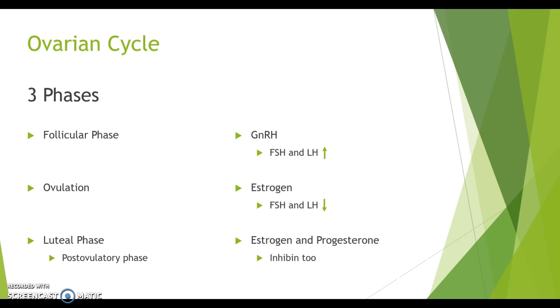Follicle stimulating hormone stimulates a group of tertiary follicles in the ovaries to begin to mature. As those tertiary follicles grow, their granulosa cells secrete an anti-Müllerian hormone. This anti-Müllerian hormone in turn decreases the follicle sensitivity to follicle stimulating hormone, and this is our first example of a negative feedback loop in this system.